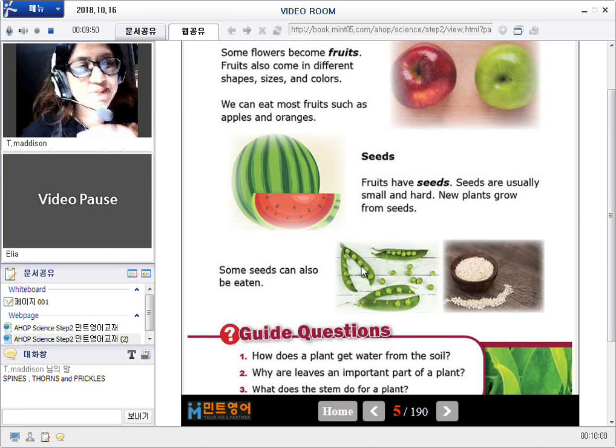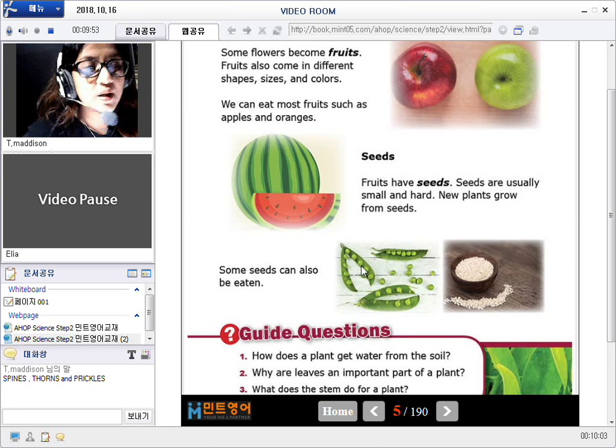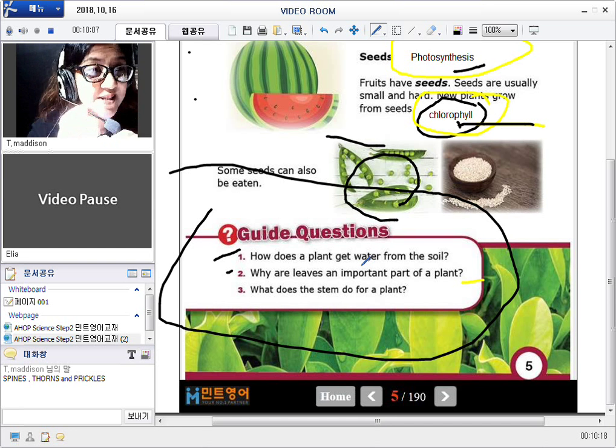Just a moment, please. Remember I shared a word with you, chlorophyll. Chlorophyll is actually a substance that is present in the leaves of a plant. Chlorophyll actually is a chemical that helps convert sunlight and energy into food and oxygen.